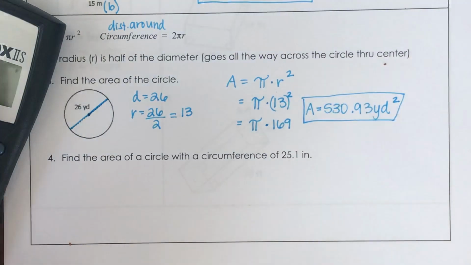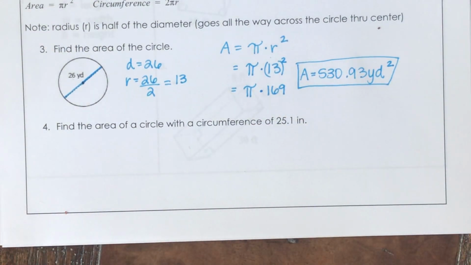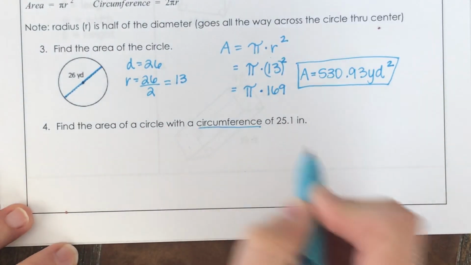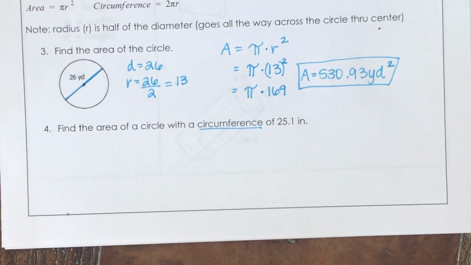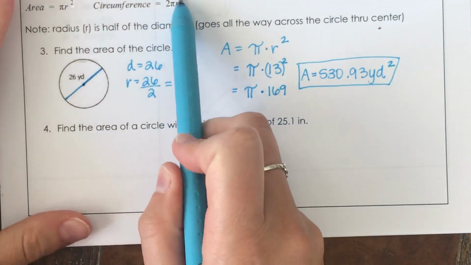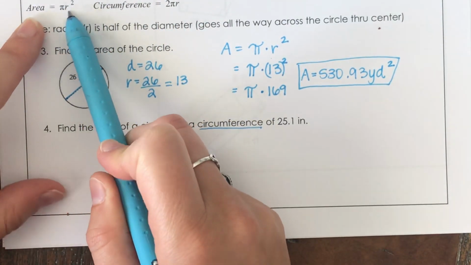Okay, now, number 4 says, find the area of a circle with a circumference of 25.1. Okay, I know the circumference, but in order to do the area, I need to know what the radius is.